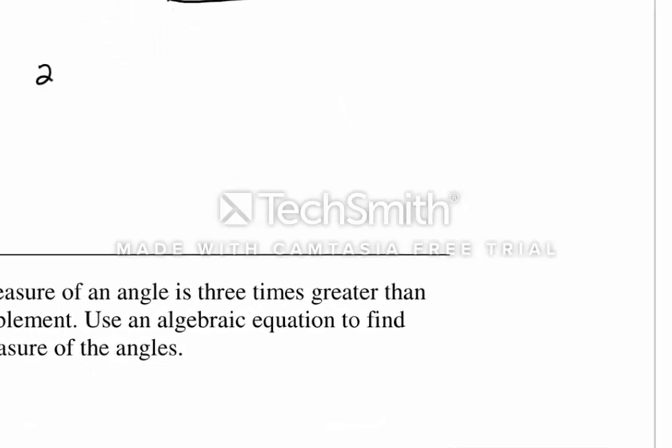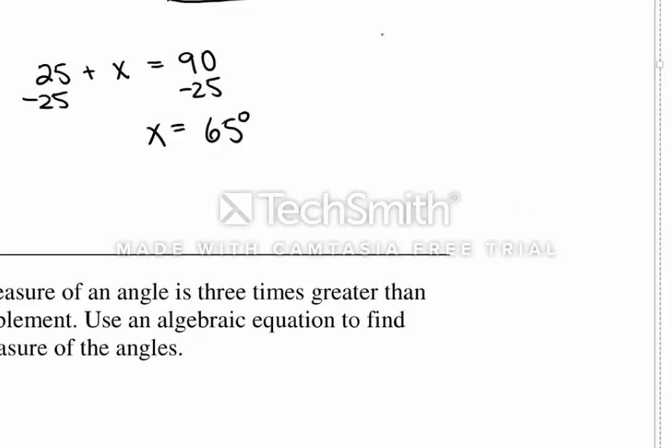So 25 degrees plus, we don't know what, the question mark, so I'm going to let that be x, will give me a total of 90 degrees. Subtract 25 from both sides, and that leaves x as being 65 degrees. So you could set up an equation like that, or you could just simply know that, well, if the whole angle is 90, and I take away 25 as part of it, what would be left is 65 degrees.